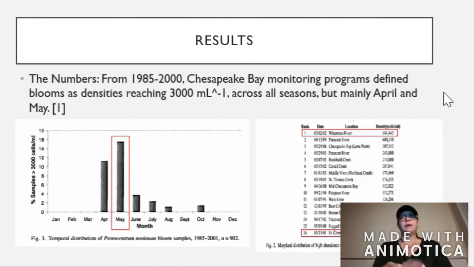So this paper done by Dr. Tango, as we can see in the results, they define blooms as reaching cell densities of 3,000 per milliliter across all seasons, but it was actually found more in April and May. If you can see right here, I've boxed the most abundant P. minimum in this paper.